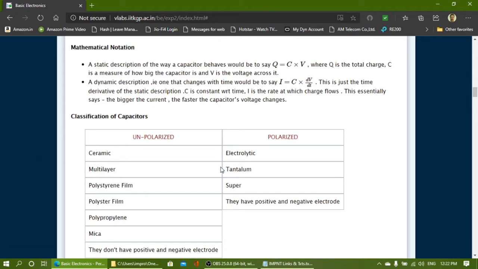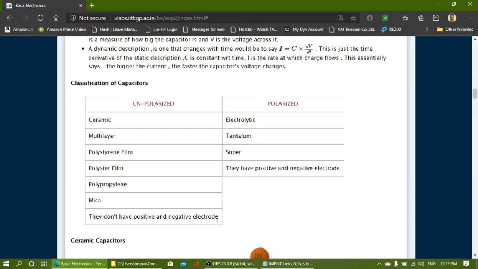Now the classification of capacitors. Some capacitors have polarization and another type has no polarization. In the unpolarized category you will find ceramic, multi-layer, polyester film according to the dielectric properties, polypropylene, and mica. These capacitors don't have any positive or negative electrode, meaning they are unpolarized.